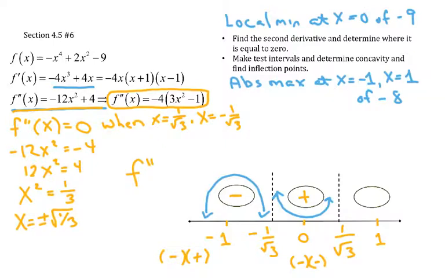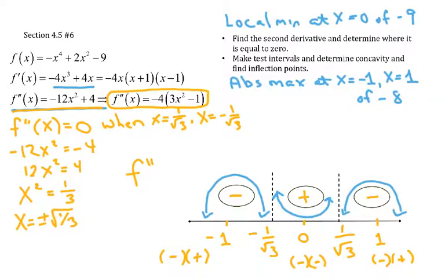Plug in 1. I have this minus sign out here. If I plug in 1 into that second term, that's positive. So overall, I'm negative, and I am concave down.